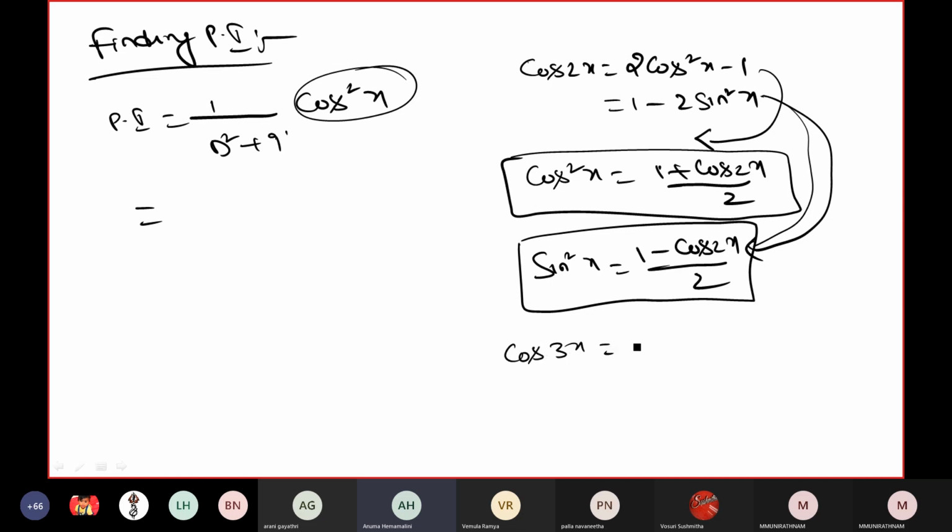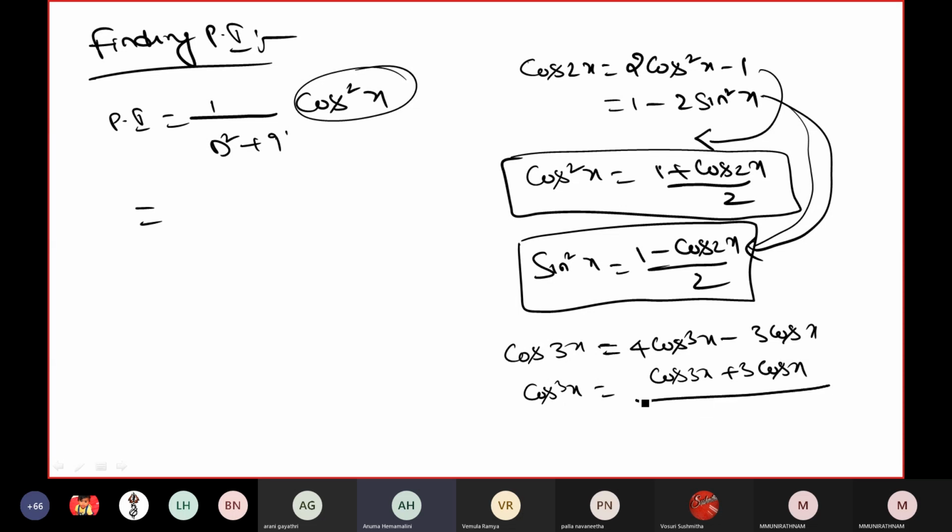What is cos 3x? 4 cos cube x minus 3 cos x, right? అప్పుడు cos cube x ఏమవుతుంది? cos cube x is (cos 3x plus 3 cos x) by 4.